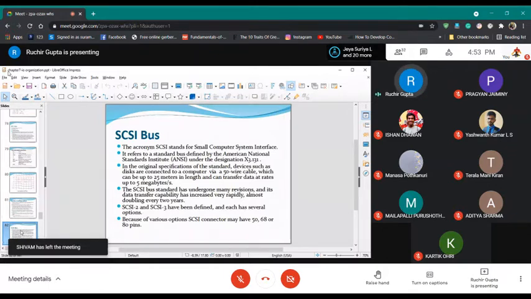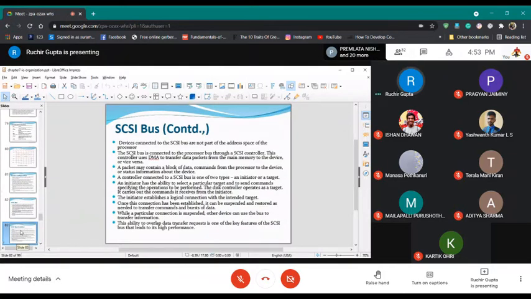Of course, that depends on the length of the cable and how many devices you are connecting. If you use a longer cable, you may have to compromise on speed. That's the point to take care of while talking about this.